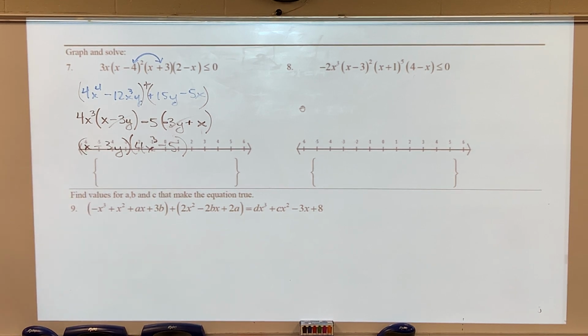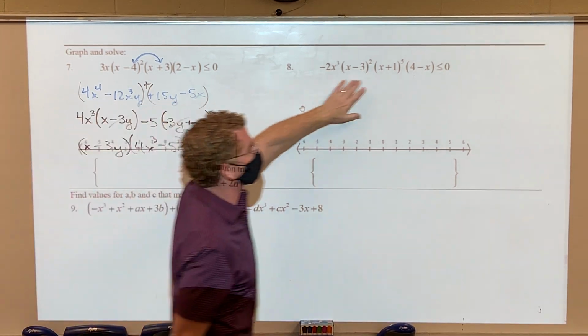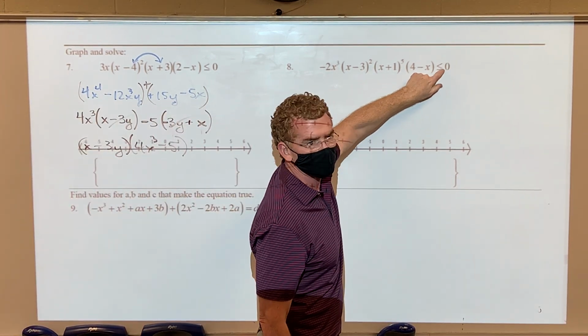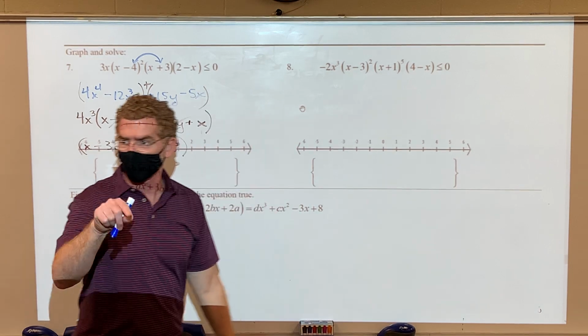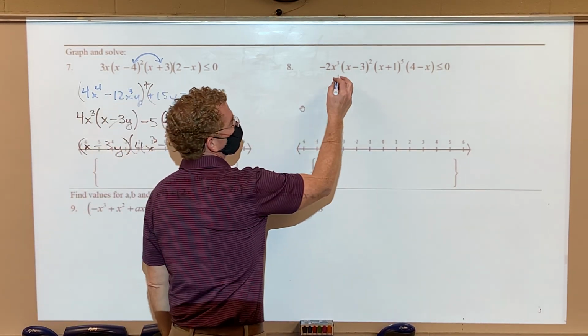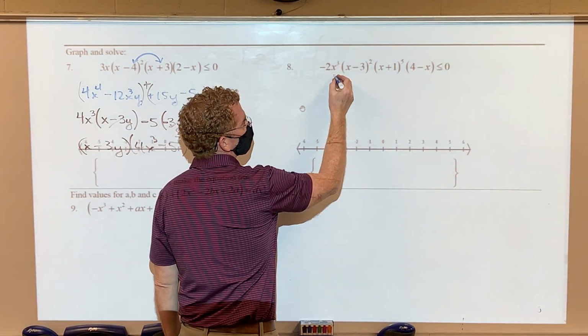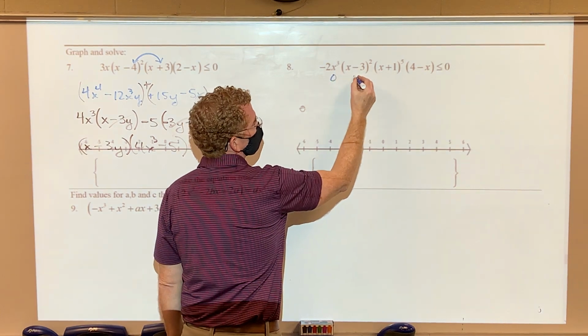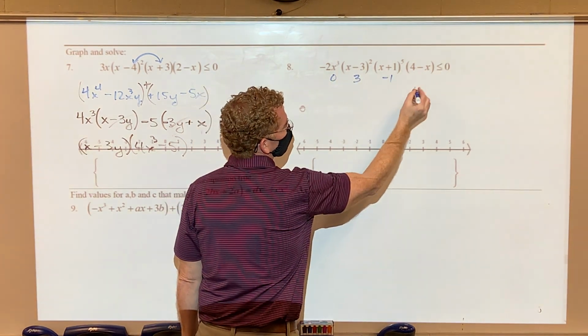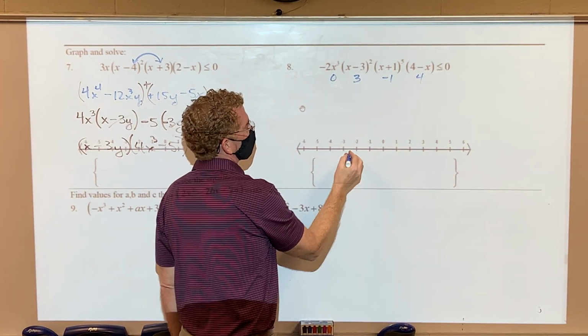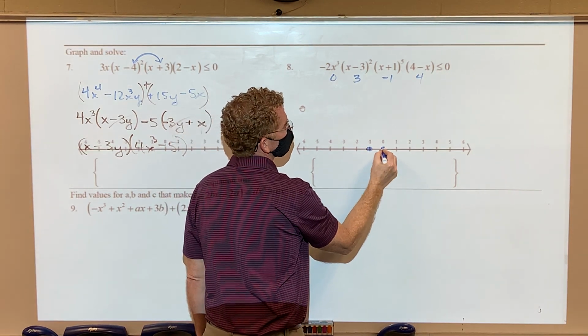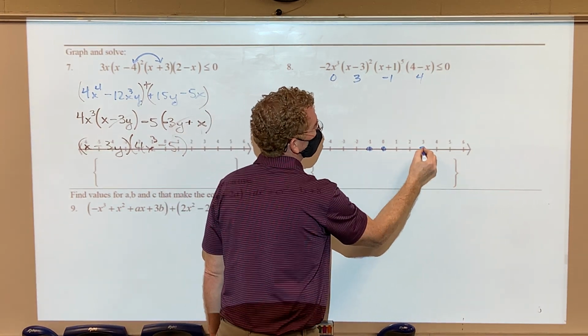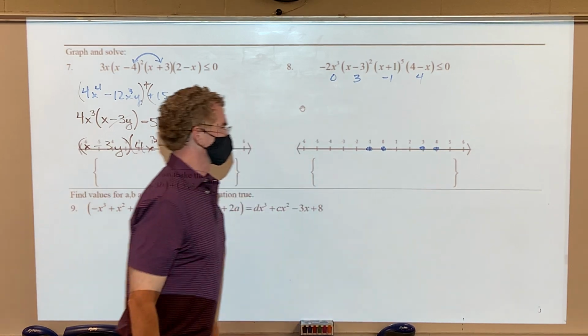Find out where it's equal, or if there wasn't an equal sign, find out where it's not equal. But this is equal, so these will be critical numbers with colored in points. And that is at what? 0, 3, -1, 4. So I'm going to mark -1, 0, 3, 4.